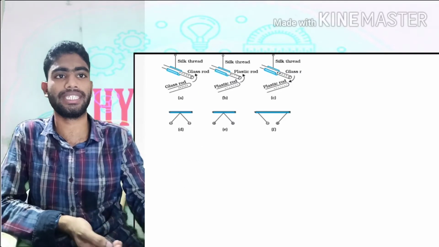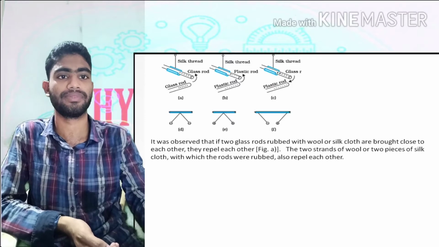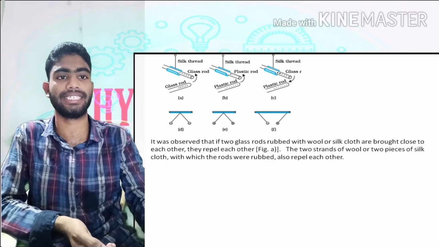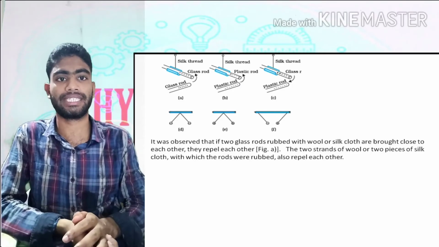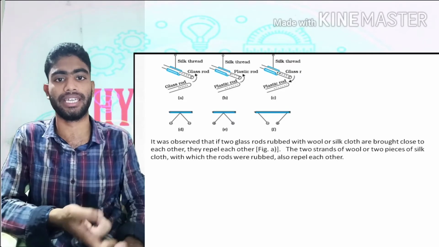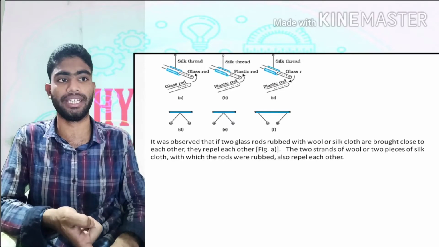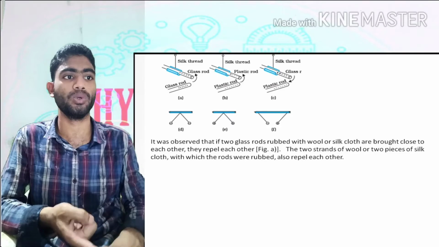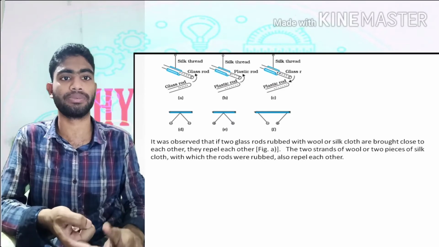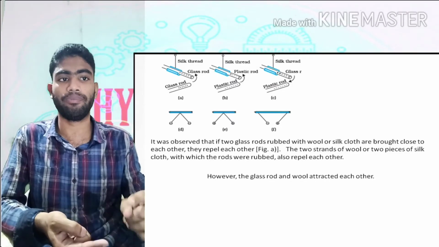So look at this figure, the same figure I represent here, and here I write the same thing: when you rub two glass rods with silk thread and bring them close to each other, they will repel each other. And if you bring two pieces of wool close together, then they also repel each other.